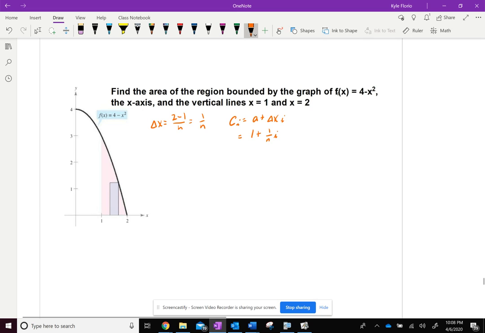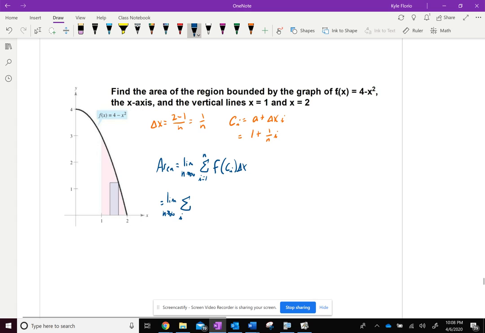This is going to be kind of a pain. When a is 0, it's a little bit easier to work with. But now that I have a 1 plus 1 over n i, now we're going to have to FOIL again. But so be it. Let's go blue again. So if I want the area, it's going to be the limit of the sum of f of ci delta x, which we know what those are.